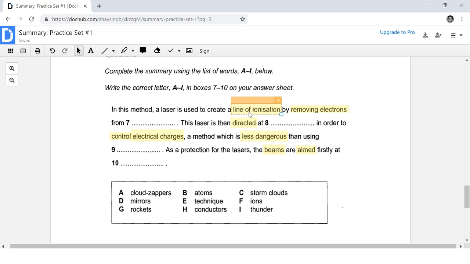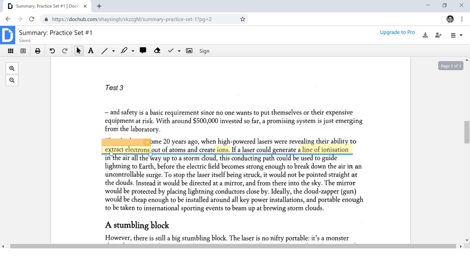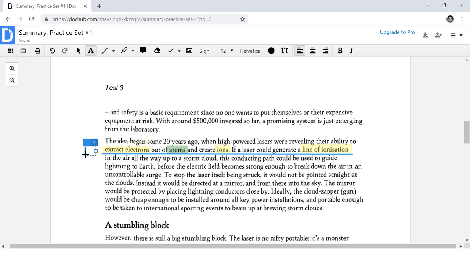is used to create a line of ionization by removing electrons from what? Removing electrons from what? Says right there, remove electrons from, out of is synonym language, from atoms. So the correct answer is going to be atoms. I'm going to put my question number next to it, number 7, since that is where I found my answer.